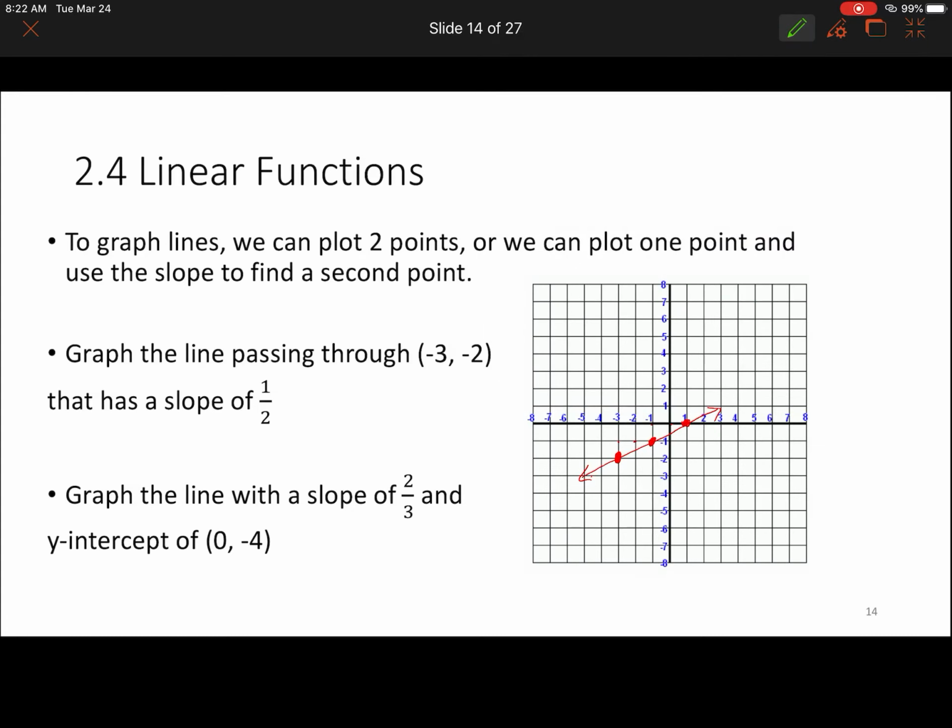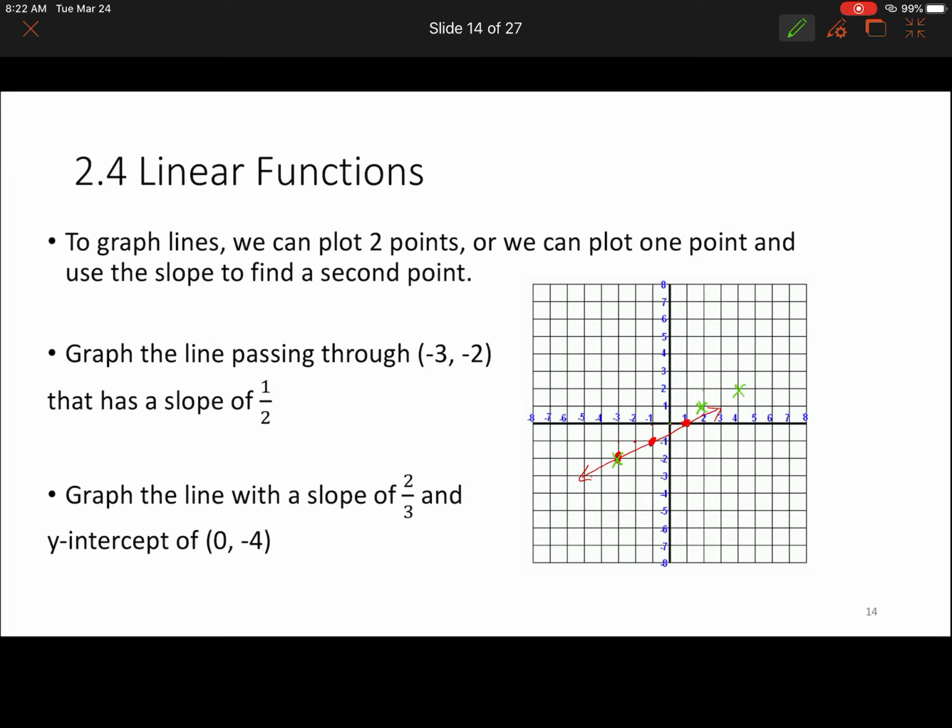Now, the reason I suggest doing 3 points, if you plotted the first point, and I'm going to do this in blue, I'll tell you what I'm doing in green. If you started with this first point, and then you went to the origin to do your slope, and you went up 1 and right 2, you would have a point here. Okay, this is not right, so don't do this in your notes. And then if you went up 1 and right 2 again, you would have another point here.